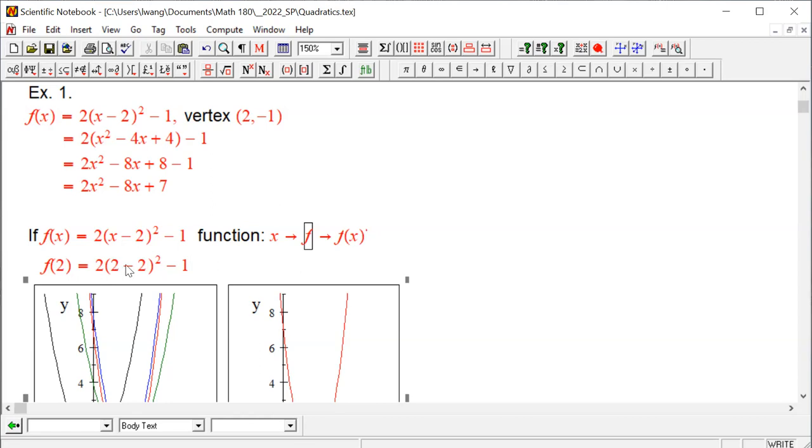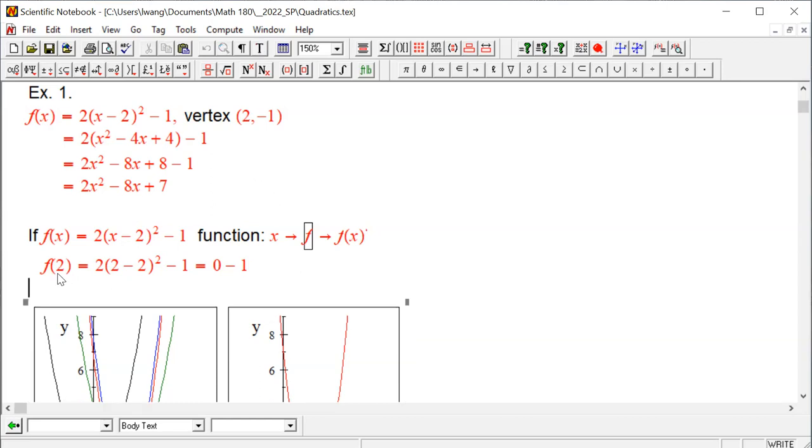In this case, the perfect square part is going to be 0, so it's going to be 0 minus 1. When the perfect square part is 0, the function value is -1. And this pair (2, -1) makes the vertex.